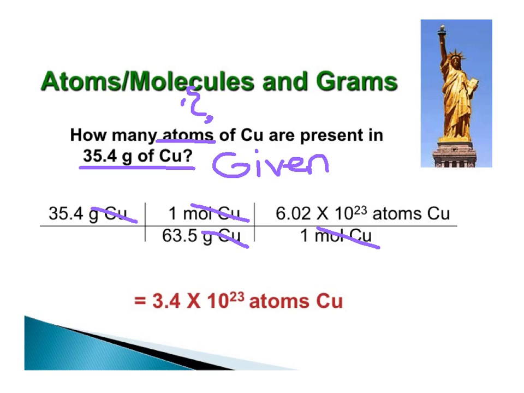So at this point, we just multiply 35.4 times 1 times 6.02 times 10 to the 23rd divided by 63.5. Remember, when you're doing this, I would strongly suggest putting everything in parentheses. So all this stuff should be in parentheses and then divided by the 63.5. If you do the math correctly in the calculator, it should come out to about 3.4 times 10 to the 23rd atoms of copper.